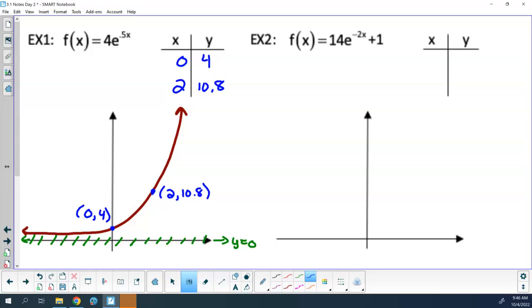Example number 2. Horizontal asymptote. Shifted or stayed? Shifted which way? Up 1, right? Growth or decay? Decay.